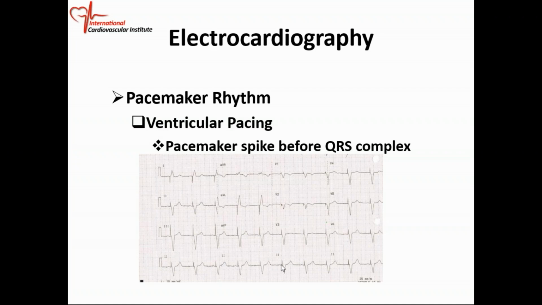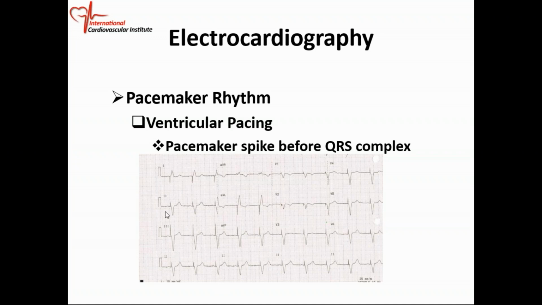We usually put the pacemaker lead in the right ventricle, and the energy output comes from the pacemaker. Electrical energy is supplied to the ventricular muscle, and you have depolarization of the ventricular muscle, and then it contracts. You have the QRS. So pacemaker spike followed by the QRS.